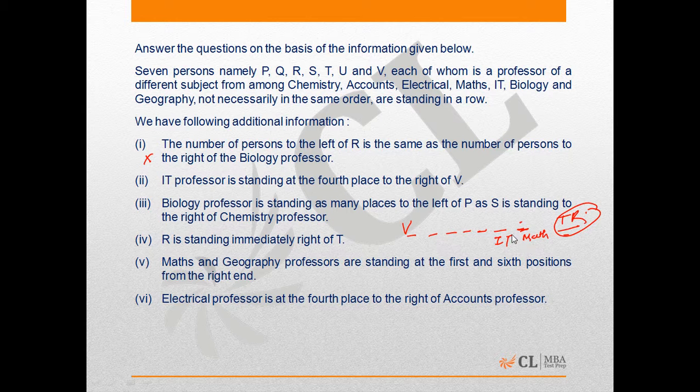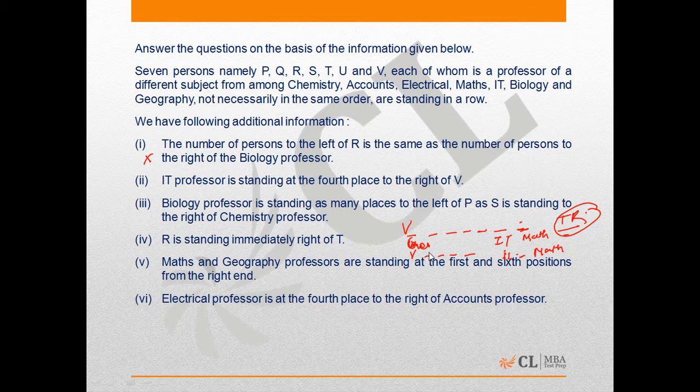And in second case, when there is a place between IT professor and maths professor, then V will be the leftmost person. In first case, V is the second person from the left, and in that case he is a professor of geography.